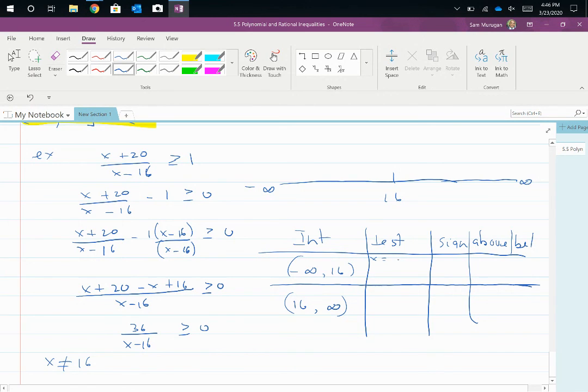It's a number that's less than 16. That gives me 36 over 0 minus 16, which is clearly a negative number, so below.